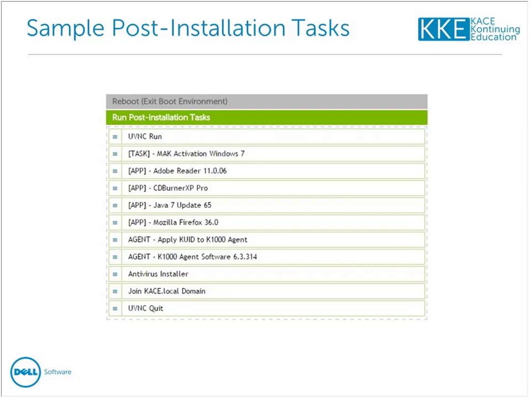And then the join domain is the last item that you want outside of the UVNC quit. And what's going to happen is after the join domain is complete, UVNC cleans itself up, right? The K2 is then once again going to restart your computer and clean up after itself.